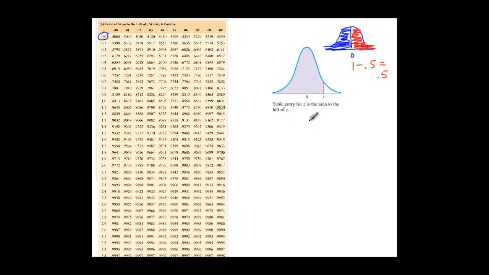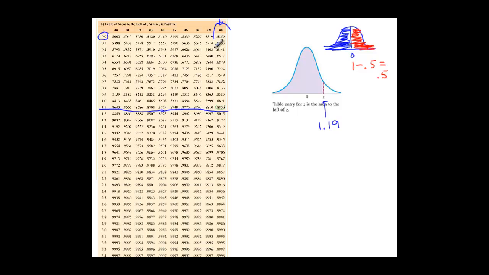So let's find the area under the curve if this z-score is 1.19. We want to find the area to the left of the z-score, so the colored-in part at this point, if the z-score was 1.19. So we would go down to 1.1, and then look across to the column that includes the 9 in the hundredths place.